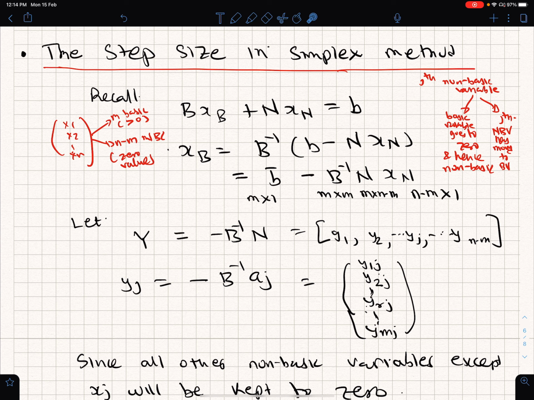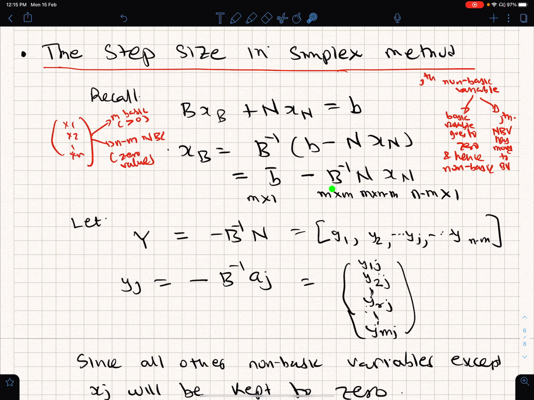Then B inverse b becomes a vector b bar, which are the coordinates of the basic variables at that point, and therefore they are all greater than or equal to 0. I am considering a simplified case that all of them are strictly greater than 0.